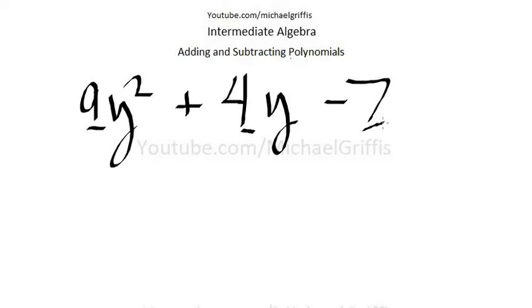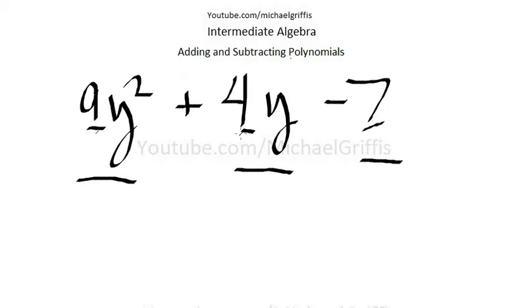Okay, so the terms of this expression, which is known as a polynomial, this is a term, right? 9y squared is a term, 4y is a term, and 7 is a term. Okay, those are your terms, and of course your coefficients are 9, 4, and I'm calling 7 the constant term.